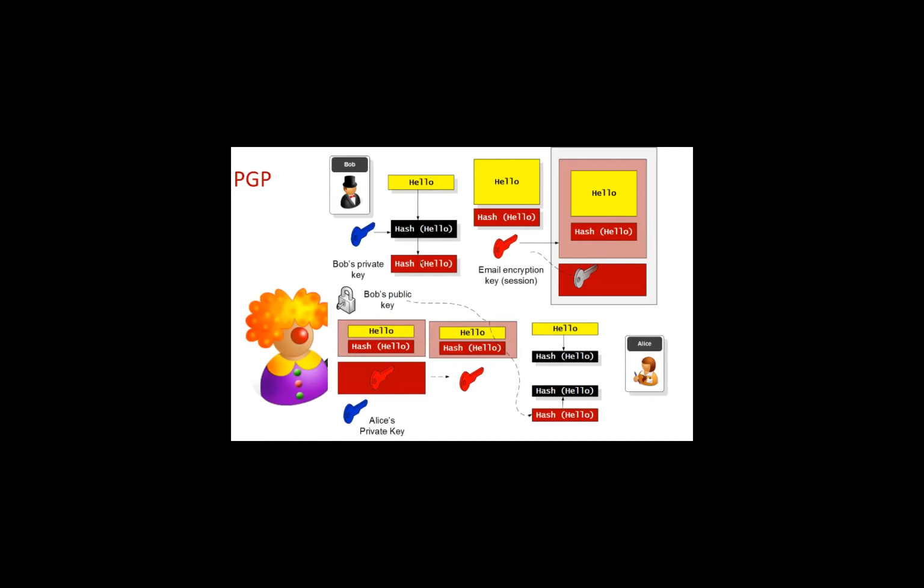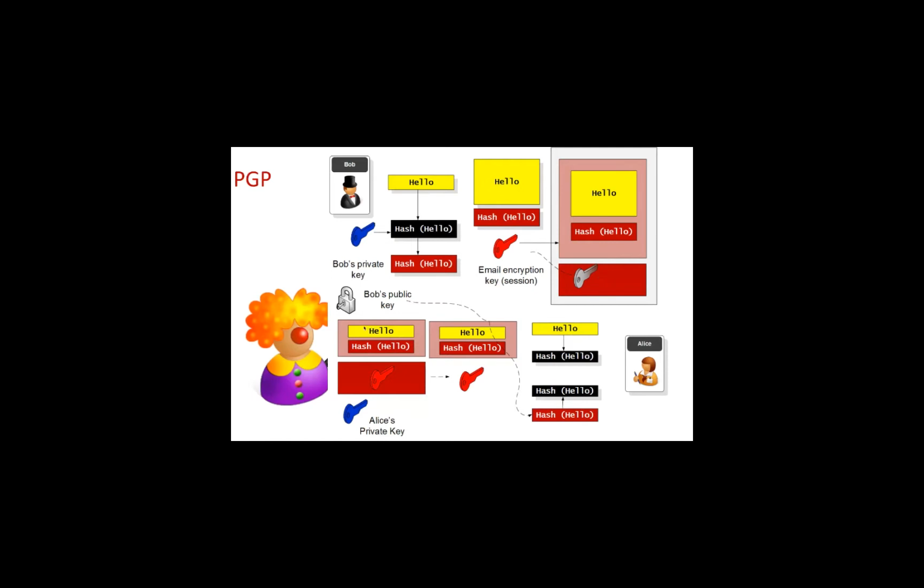So we end up with a signed hash. That then gets added to the message, and then Bob creates a new symmetric key, such as a 256-bit AES key. He now takes that key and encrypts the message and the hash, the signed hash. He then takes Alice's public key and encrypts the email session key.